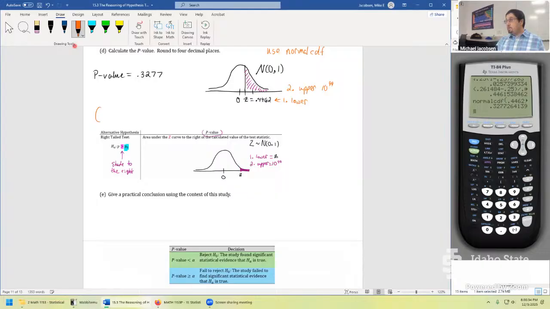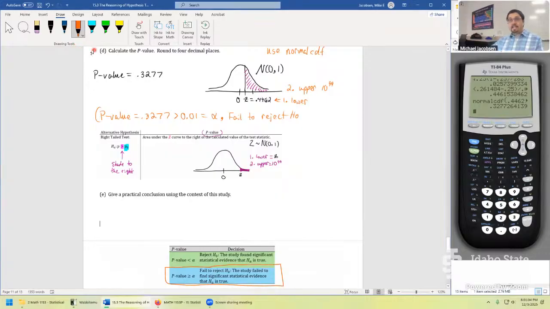And in our problem, the p-value, 0.3277, is absolutely bigger than 0.01, which is equal to alpha. And so the decision in the problem is to fail to reject H naught. So in other words, we're in this case right here.